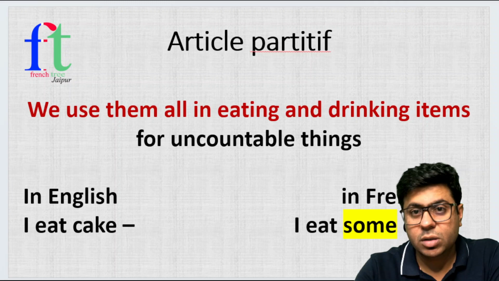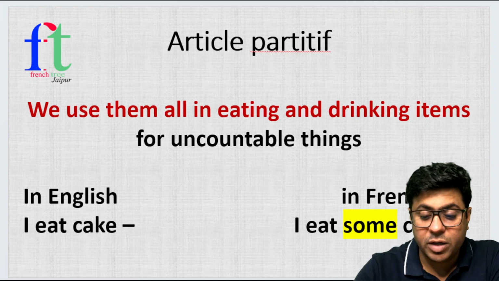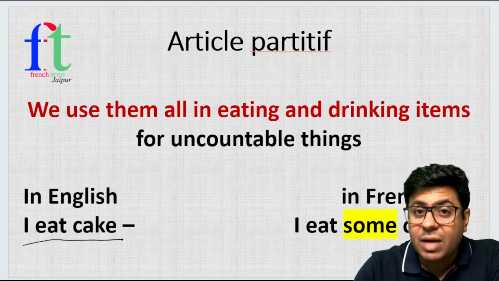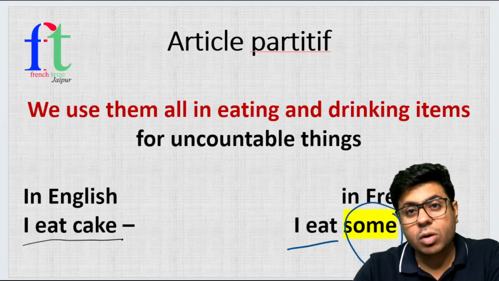Like in the explanation with the example, we try to differentiate. In English, we say, for example, I eat cake. In French, the meaning is the same, I eat cake, but we also have to put this article before the quantity of any eating and drinking item.